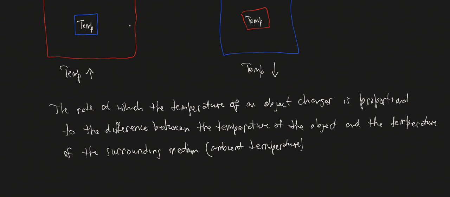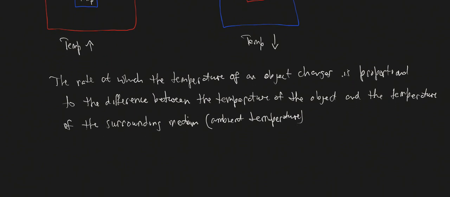So what this is saying is the greater the difference in temperature between the blue and the red, the faster this thing will heat up. And similarly, the greater the difference between the red and the blue in this situation, the faster the temperature will cool, or decrease.